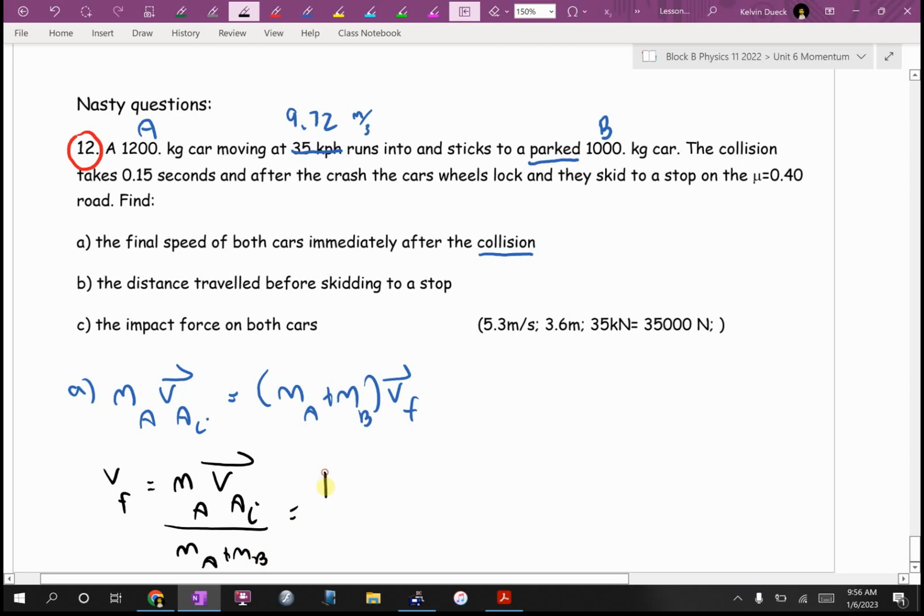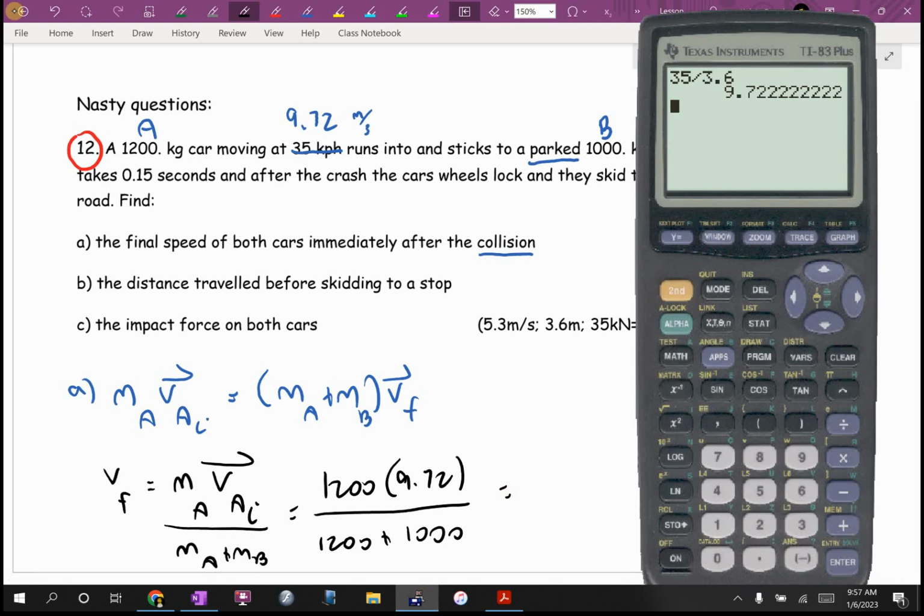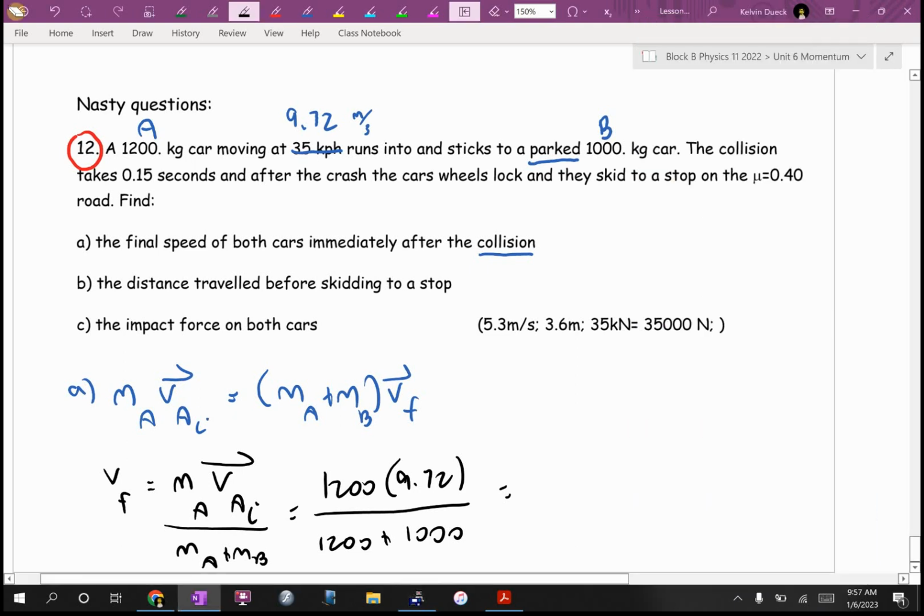So it's going to be 1200 times 9.72, I'm going to use my answer button, divided by bracket 1200 plus 1000. And I get 5.3 meters per second.